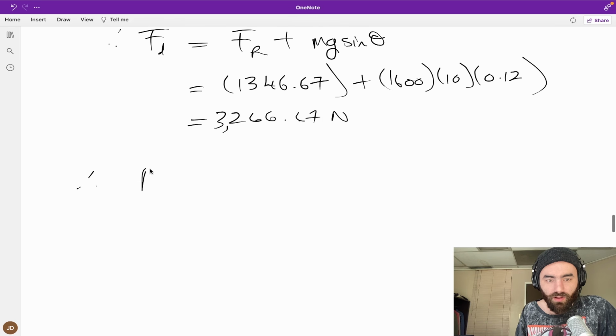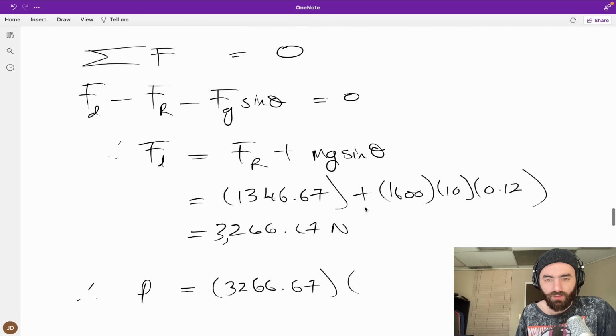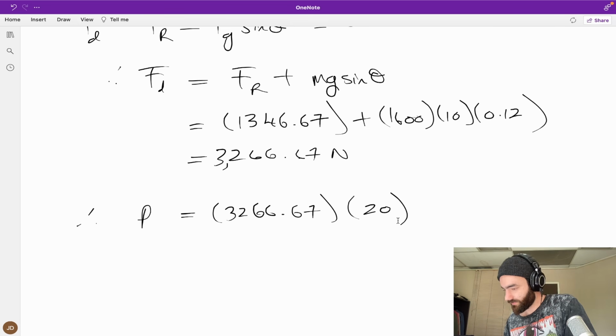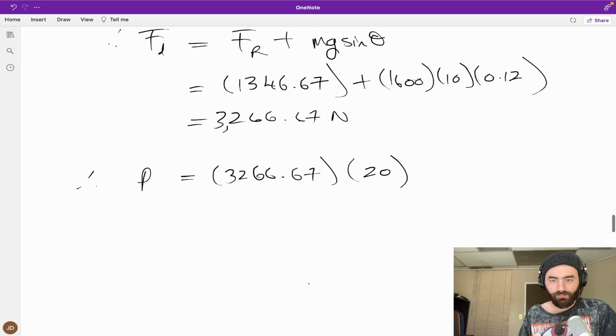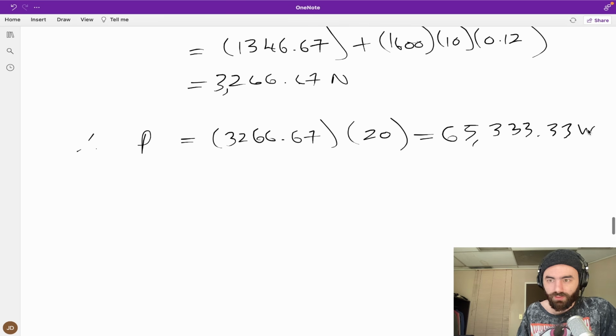So therefore the power will equal this times the velocity, which is 20, watts. So in kilowatts, this will be 65.3 kilowatts.